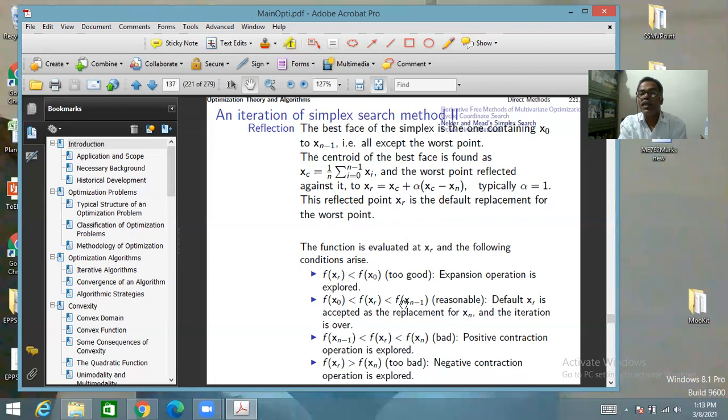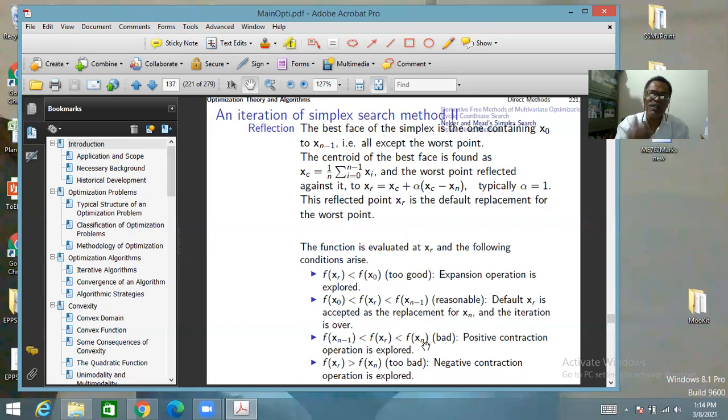Now, if the function value here is worse than the second worst, but better than the really worst, okay, if it falls in the last finite interval, then actually it is not good. Why? Because yes, the function value is better than the worst one, so you could think of replacing the worst point with it. But then you see, the moment the worst point goes out, this newcomer would become the now worst point.